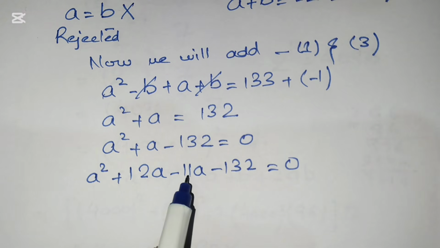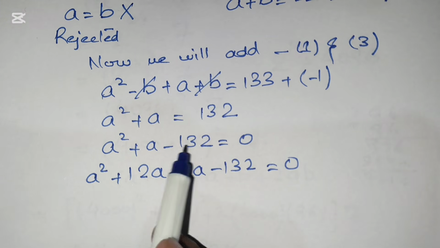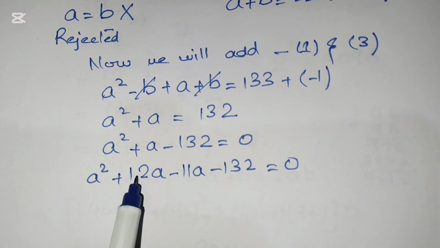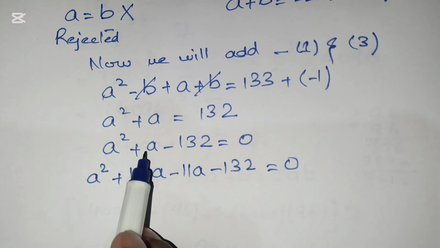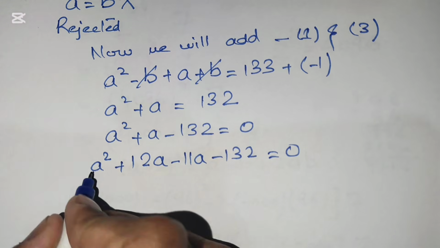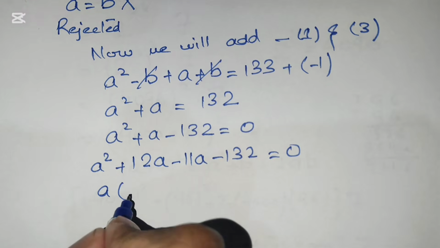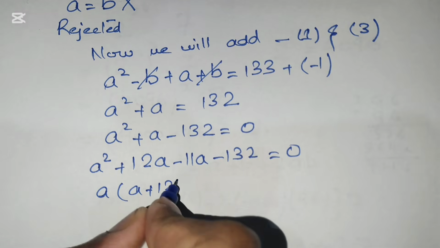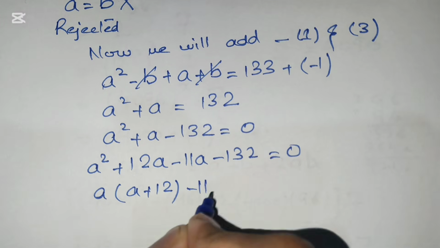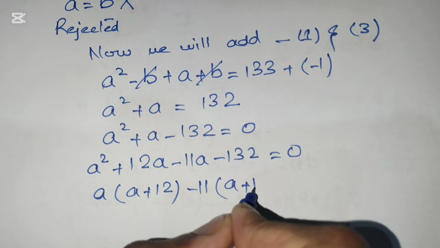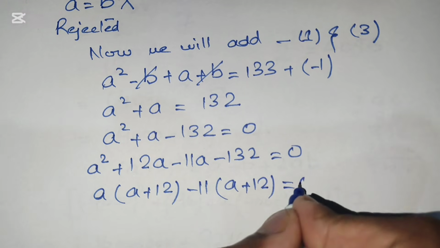If we multiply this, we get 132, and if we subtract this, we get plus a. Taking a common, left with a + 12, minus 11 common, a + 12 equals 0.